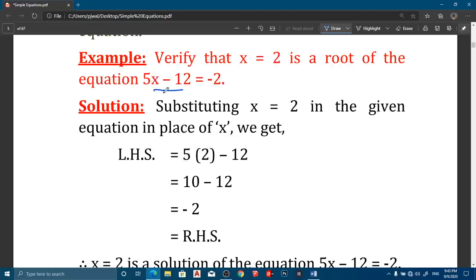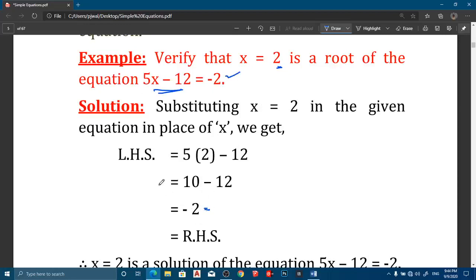Take the LHS value only, which is 5x minus 12. In place of x, I am substituting 2 because it is given already. By substituting, you will get 5 2s are 10 minus 12, which is minus 2, which is nothing but the right hand side of the equation. So it is equal to the RHS value.